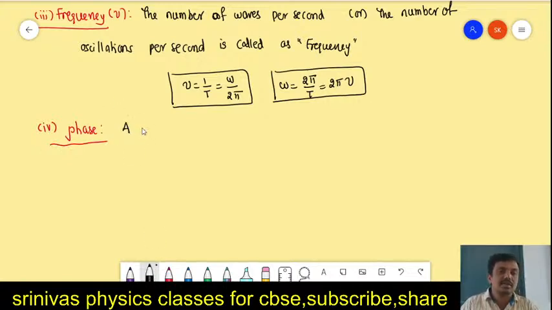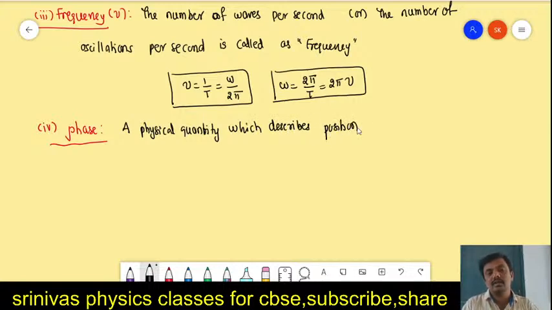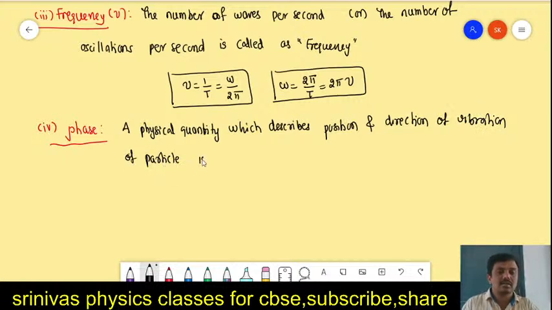Phase is a physical quantity which describes the position and direction of vibration of a particle. This is called phase. This is the definition of the phase.